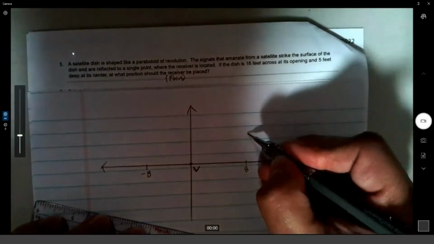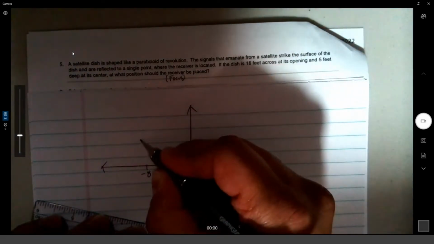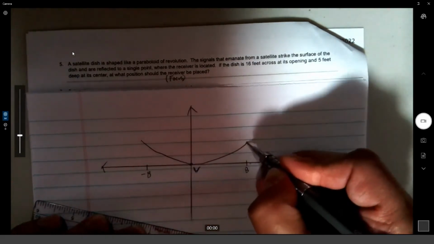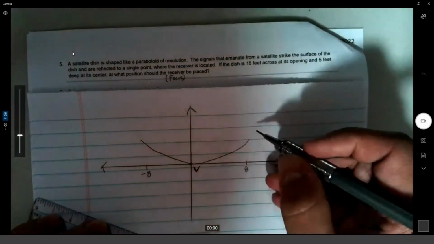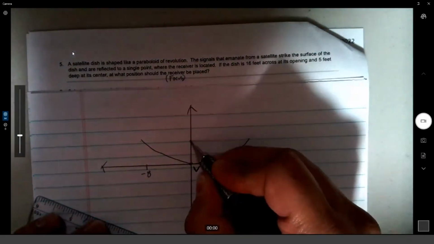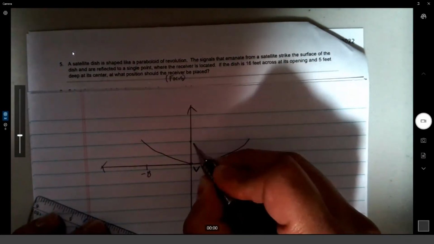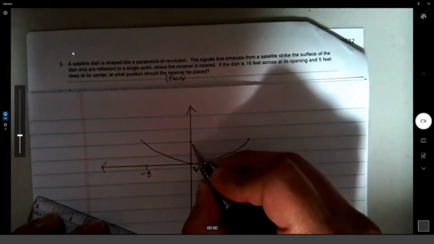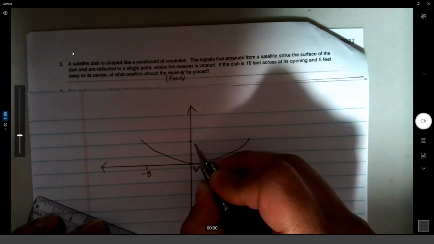So the satellite dish looks like this. It is telling us that it's also 5 feet deep. So I think what I want to say is at its center it is 5 feet deep.